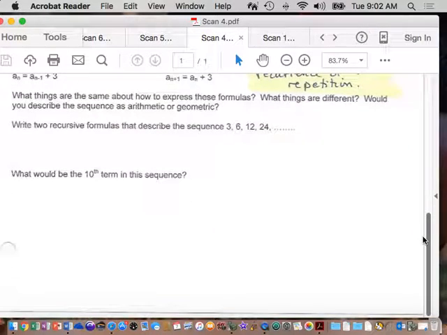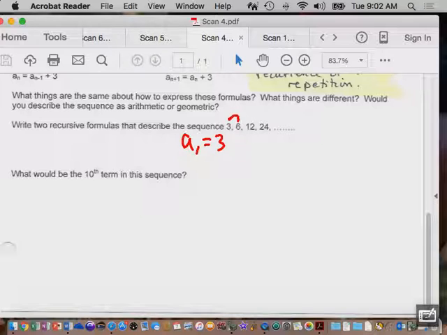So let's do one more here. Ready? Write 2 recursive formulas that can be used for this. A sub 1 is what? 3. How do I go up each time? No, I'm not adding 3. You multiply by 2. So a sub n plus 1 is 2 times a sub n.